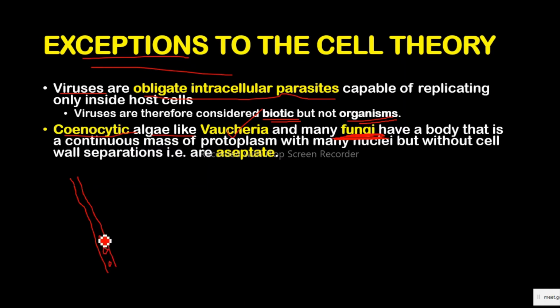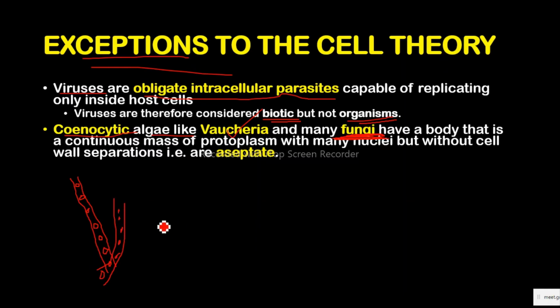Can you imagine? The nuclei are just embedded within this continuous strand, and they form different hyphae in such a way. This condition we call aseptate, or coenocytic.